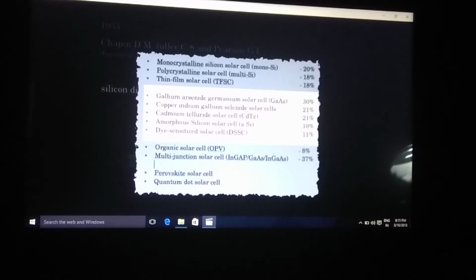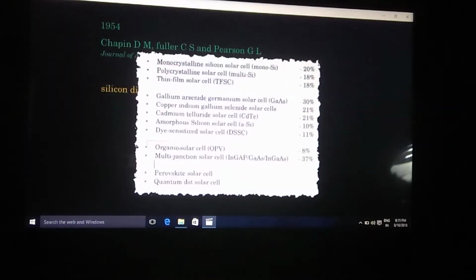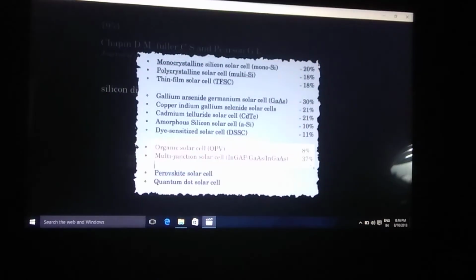Amorphous silicon solar cell having efficiency of 10% but very low production cost. Dye-sensitized solar cell around 11%. You also have organic solar cell having efficiency of 8%. They are low cost cells.